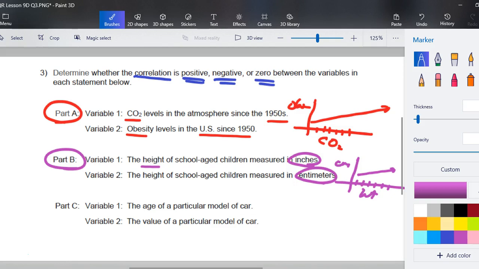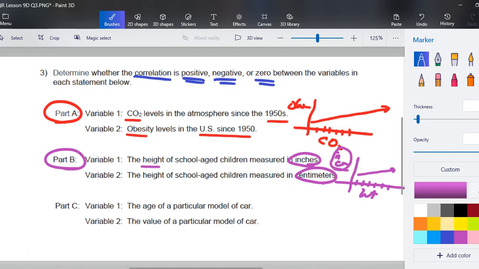And in fact, not only is this going to be correlated, it's going to be positive, and it's going to be identical, because we can convert these to the same amount. We can convert them back and forth to each other. It's going to be a perfect positive correlation.